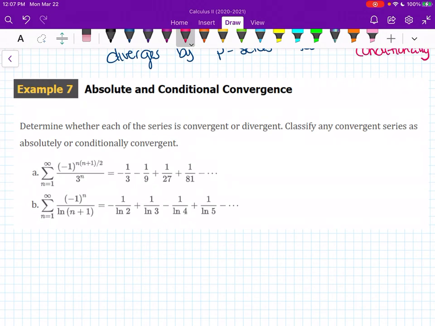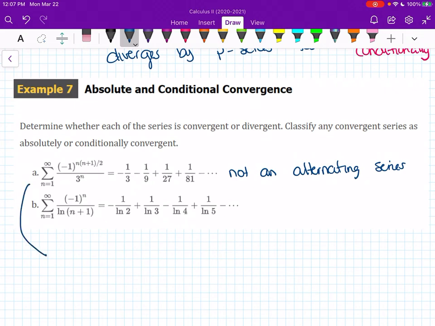Let's figure out how this one works. I have -1/3, -1/9, +1/27, +1/81. So this is not an alternating series, which is kind of a bummer, so I can't use the alternating series test.